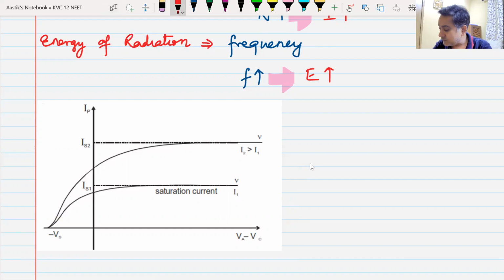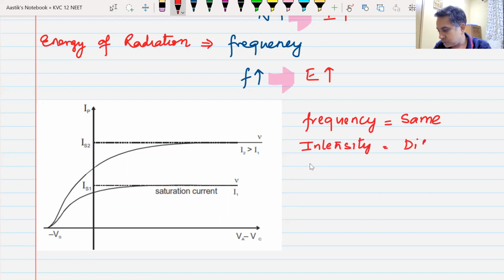The frequency of the radiations is the same, but the intensities of the radiations are different. One has intensity I2, and this has intensity I1.